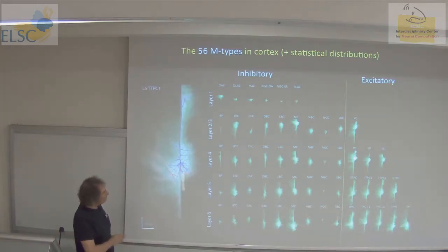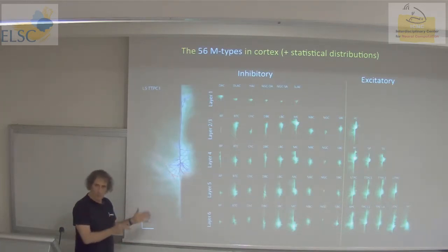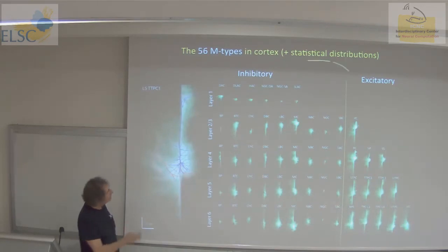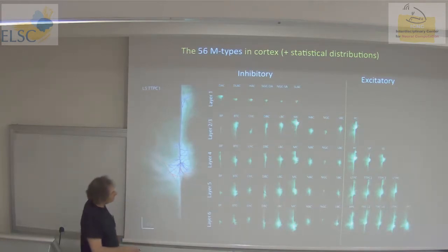You will see later that about 10 to 12% of the cortical population are inhibitory GABAergic cells, and about 85 or 90% are excitatory glutamatergic cells. But the majority in terms of number of types is inhibitory: few in percentage, a lot of types.